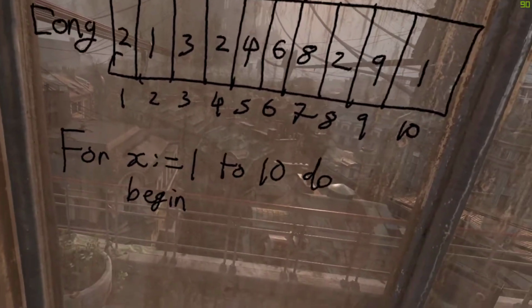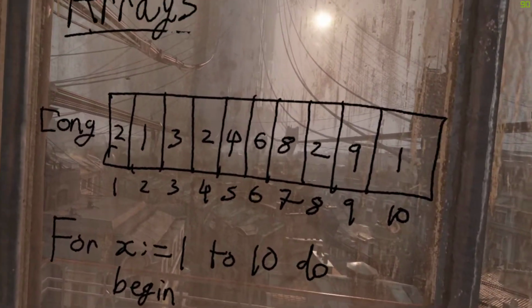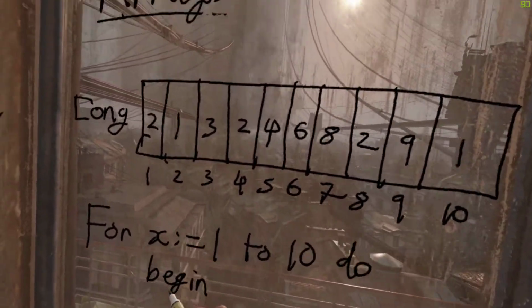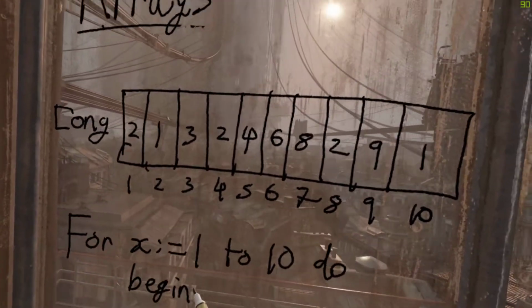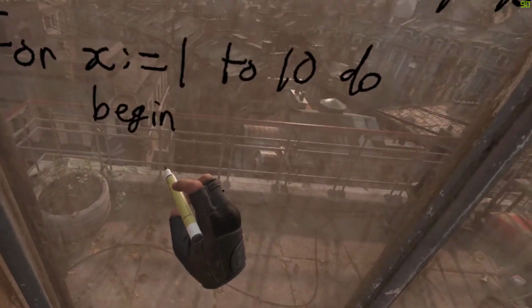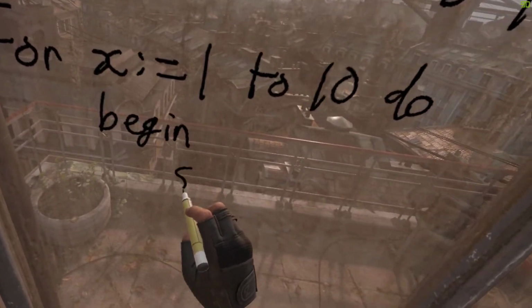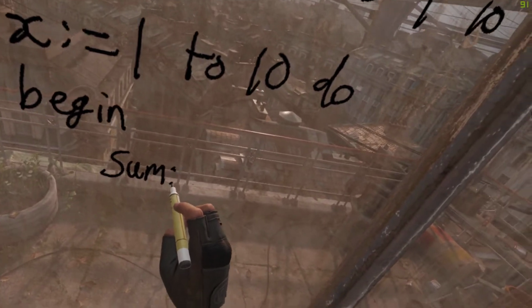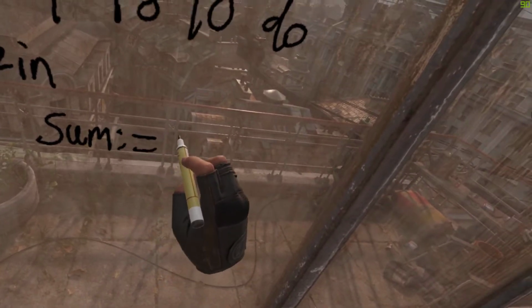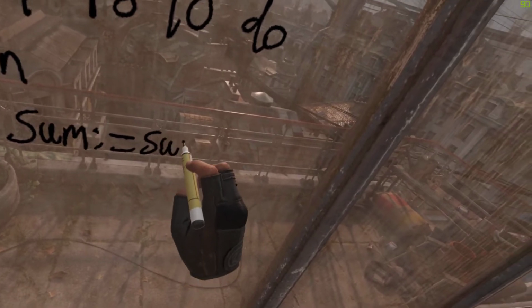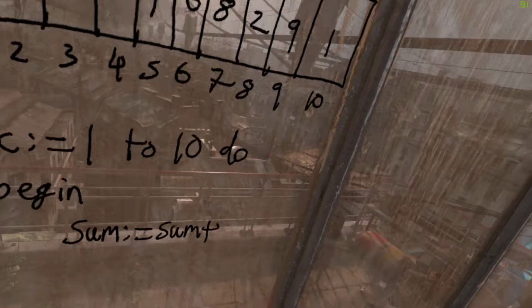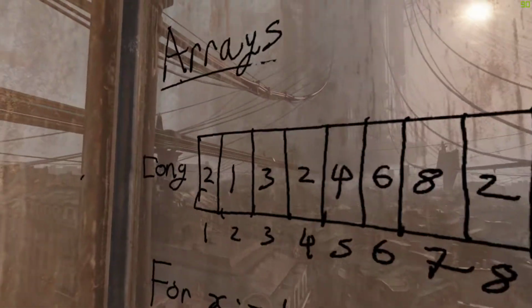All right, and we start doing the additions. So we're going to have a variable sum, which will store the sum for us, and say sum := sum plus, and here's where we have to put the name of the array. The array is called long.